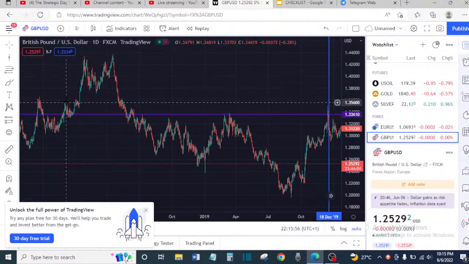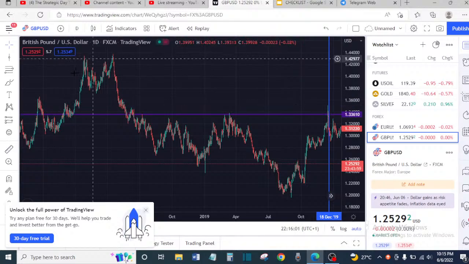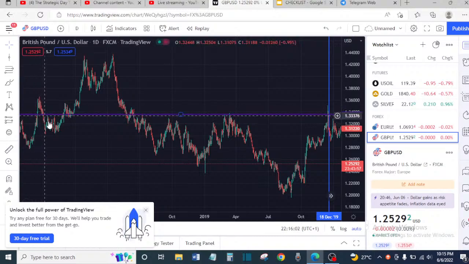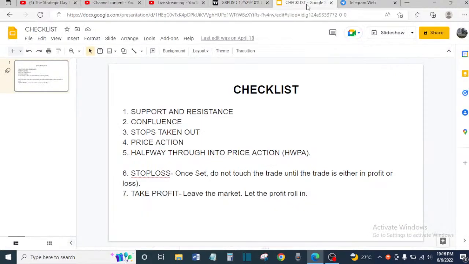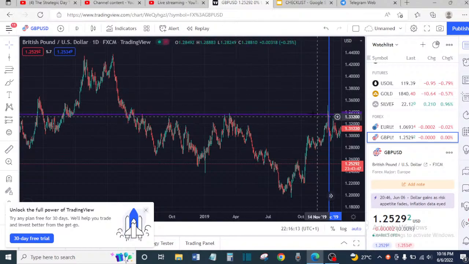Price tends to break through what went up, and price also had some resistance in this area. Now, were our stops taken out, which is the most important?